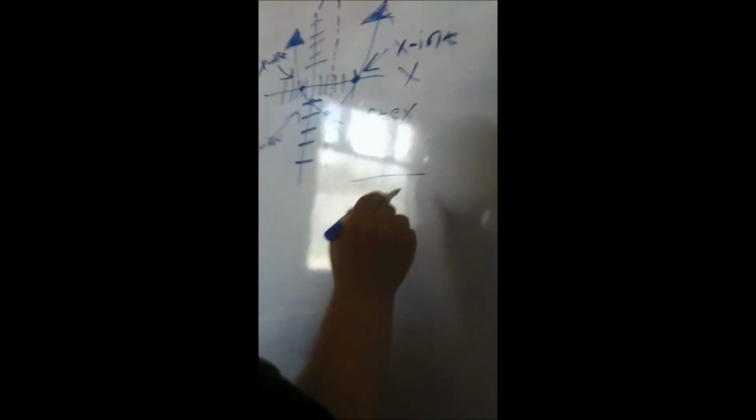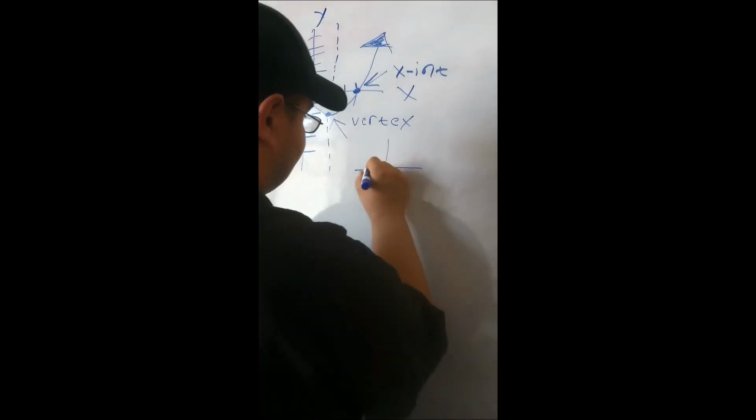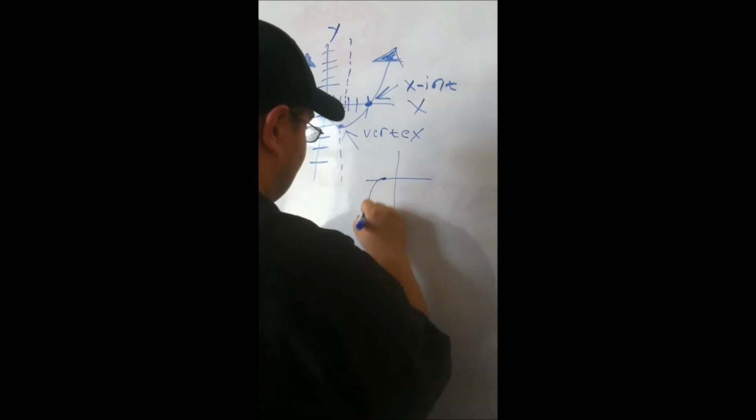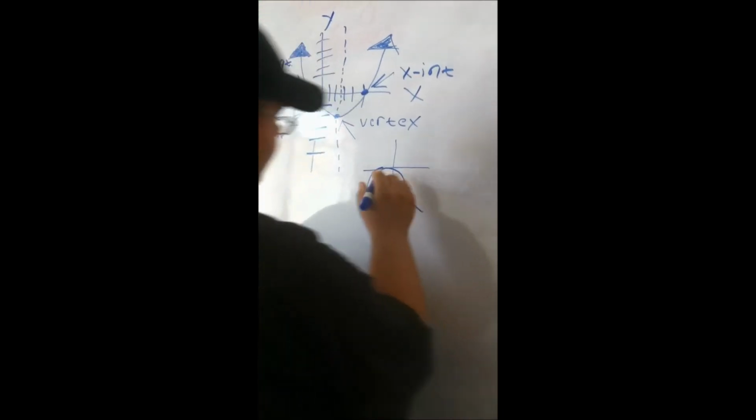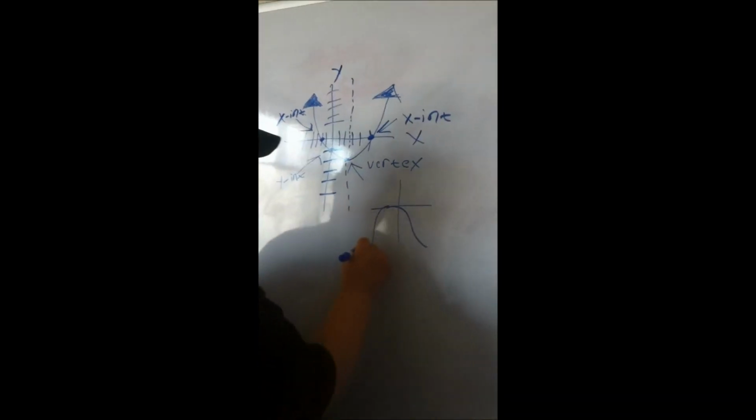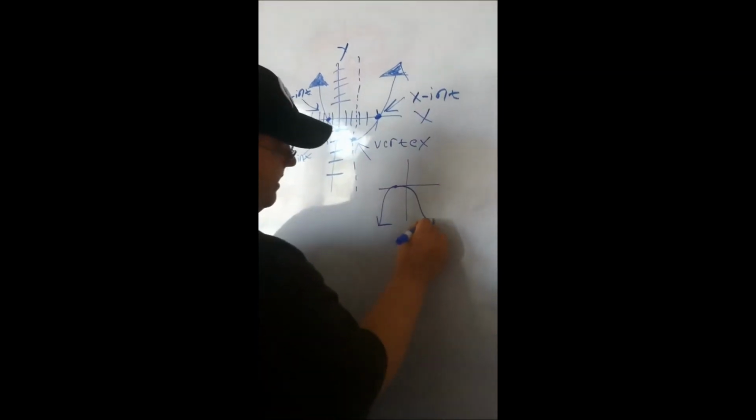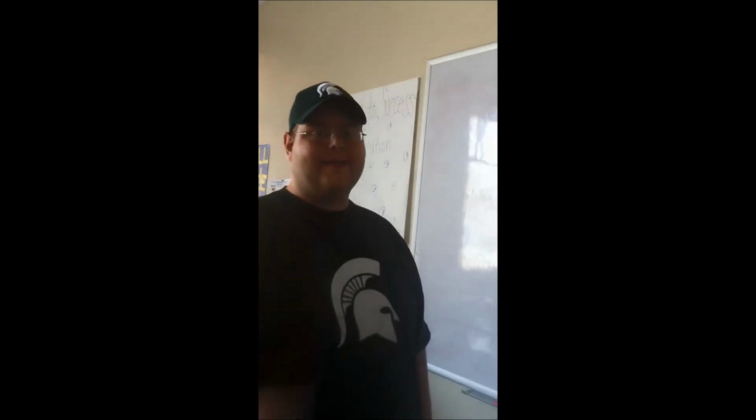Can you just give me a rough sketch of what that would look like? Sure. And this would be the highest point right here. So it would have a maximum instead of a minimum. So the vertex is always the lowest or the highest. That's what you said? Exactly.